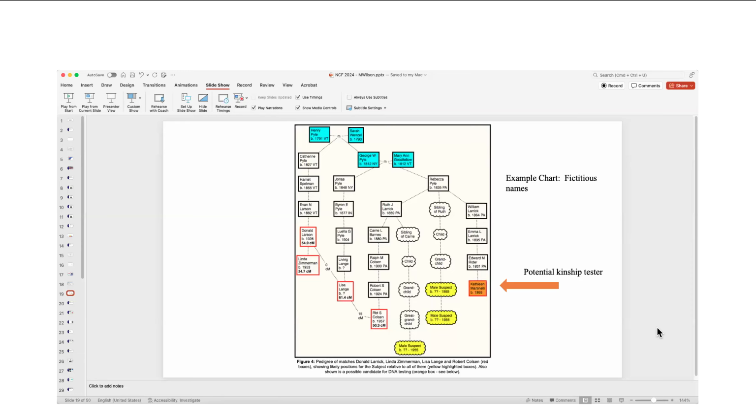Yeah, so this is kind of the way that a potential kinship tester can be identified and then tested, and then all these red boxes that you see on the left can be expanded. Those red boxes would be expanded onto the right side of the tree. And you generally see in this tree, there's a paternal side and a maternal side.